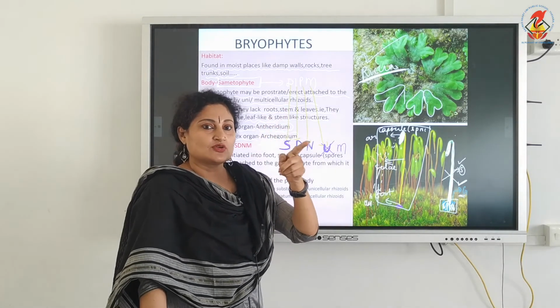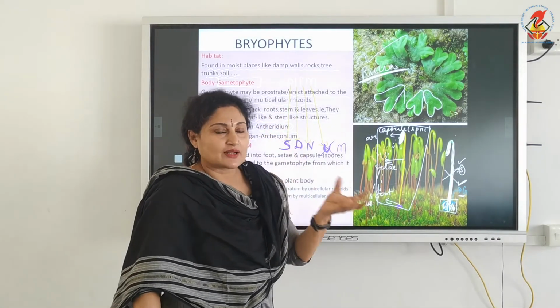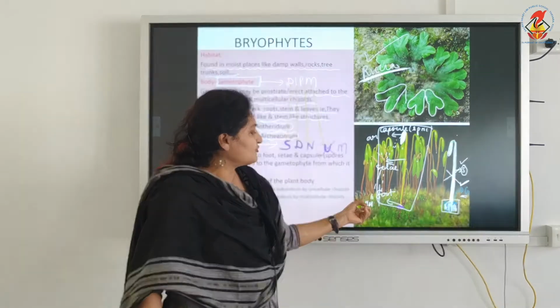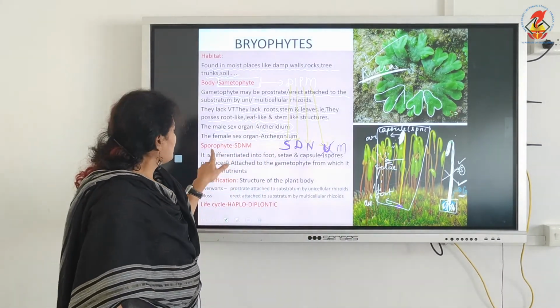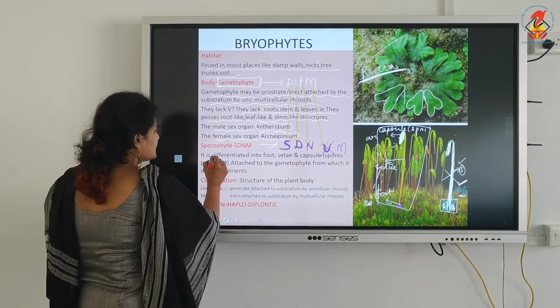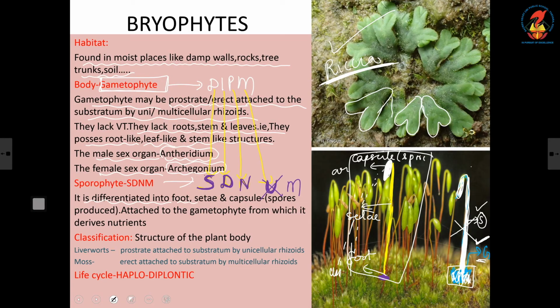The sporophyte grows, the capsule ruptures, releases the spores, and the spores fall on the substratum and give rise to the gametophyte. So I hope you have understood the sporophyte. It is differentiated into foot, seta, capsule. This capsule comprises the spores, and this is attached to the gametophyte from which it derives its nutrients.